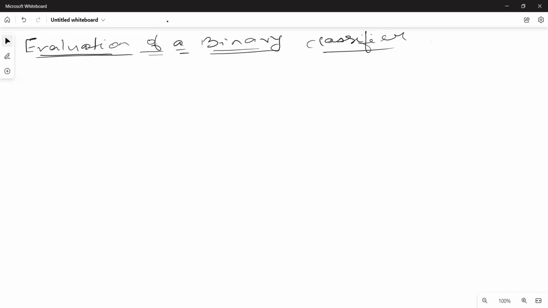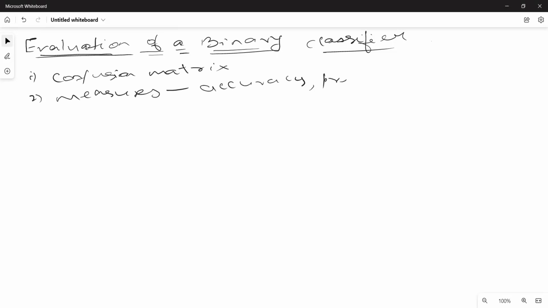So there are two main things in this. Number one, we have something called a confusion matrix. Then we have a list of measures. In this measure, the first is accuracy.